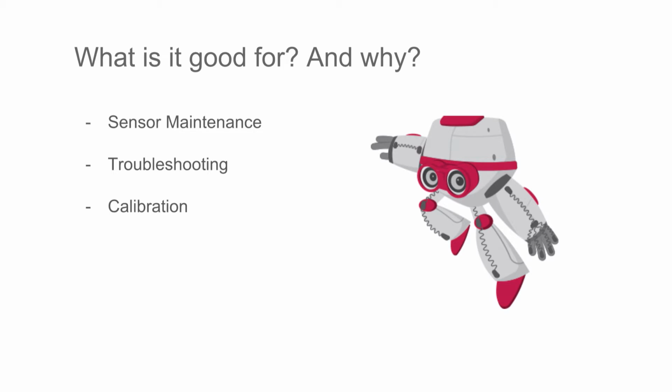Every time we release a new Access Neuron software, sometimes we release a new upgrade, and we also include release notes on that as well. So sensor maintenance is very important. We have sensor maintenance there for upgrades. The next one is troubleshooting.